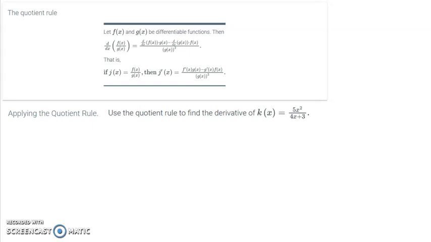And let's go ahead and take a look at the quotient rule. When you're working with quotients, you have some function in your numerator and a second function in your denominator.